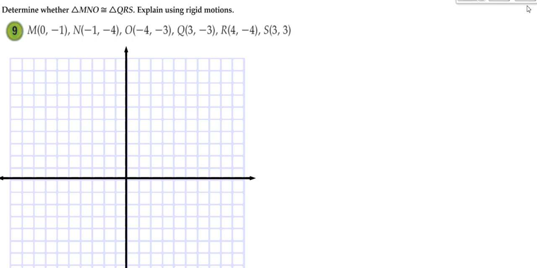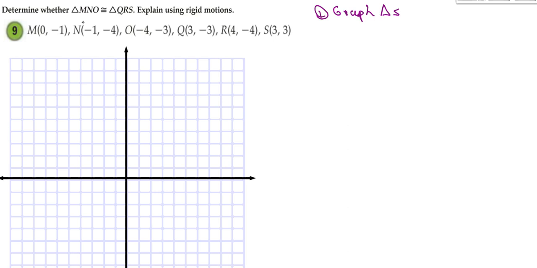So we looked at a bunch of these. Now we're going to look at numbers 9 and 10, and I'm just going to give you a hint or two on this one. Step 1 is to graph the two triangles. And then you want to determine whether triangle MNO is congruent to triangle QRS, and you're going to explain that using rigid motions.